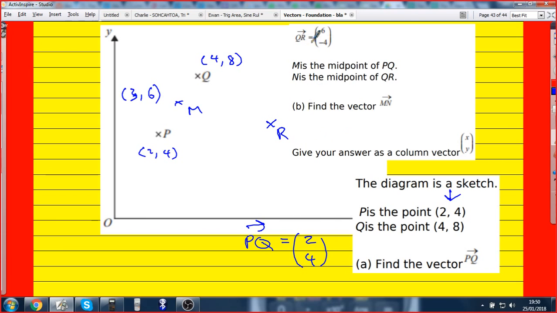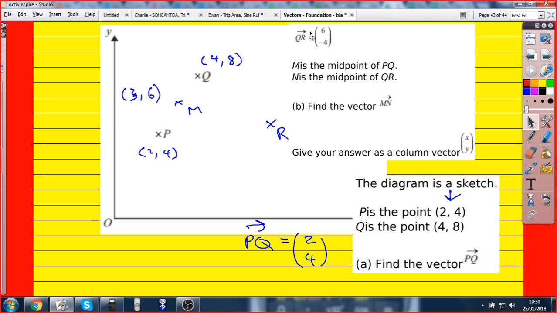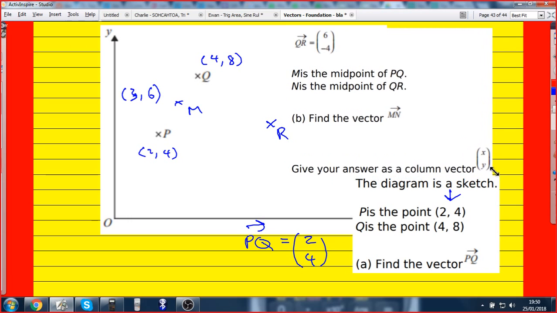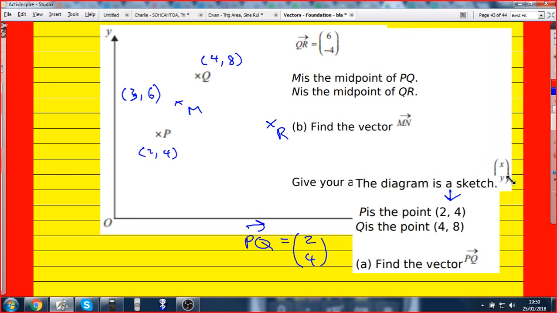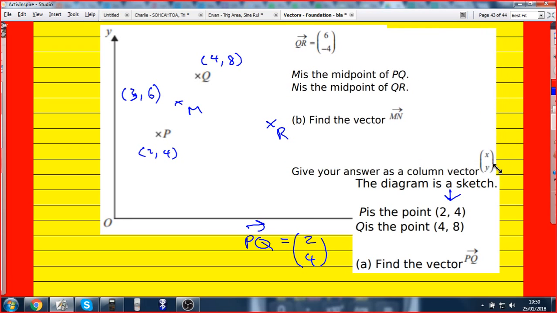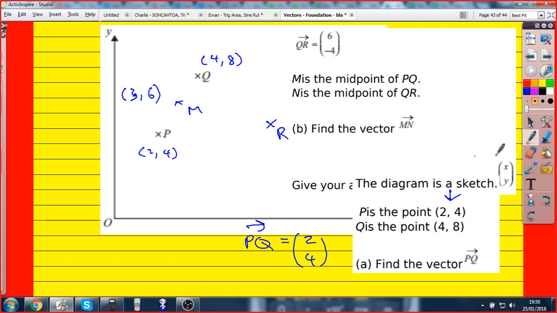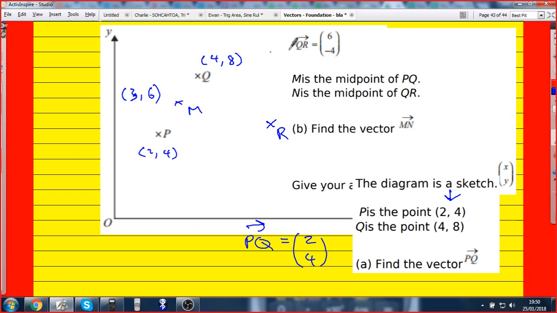Well, QR is 6, 4. Okay. So it's from 4, 8, and then you go the vector 6, 4. Okay, so it'd be 5. No. Okay. 6 is what?